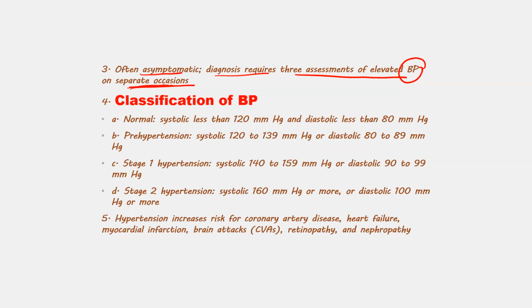Now let's move on to the classification of blood pressure. What is the normal blood pressure? Systolic blood pressure less than 120 mm Hg and diastolic less than 80 mm Hg. So the normal is 120 by 80 mm Hg.